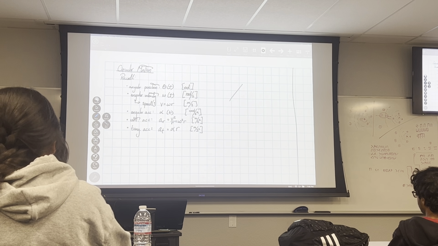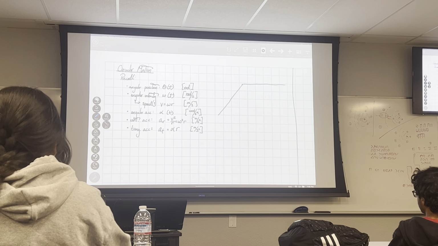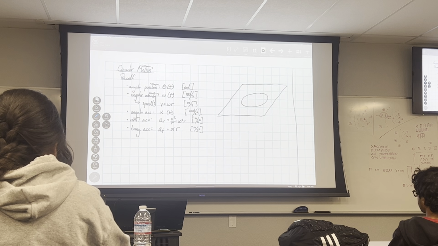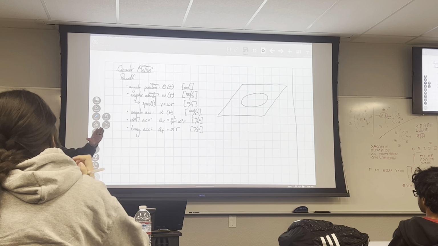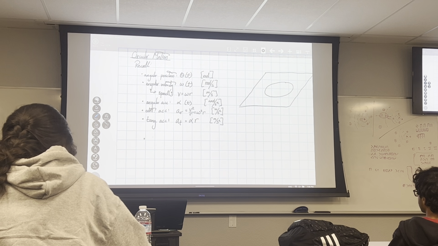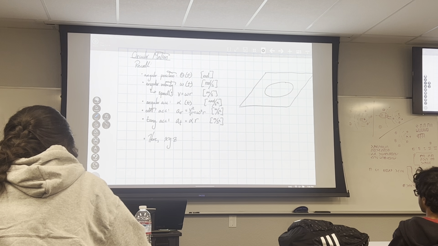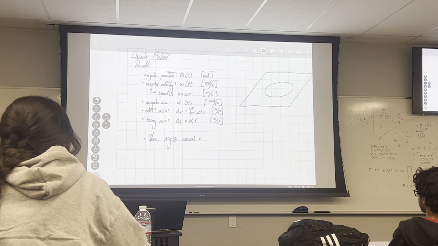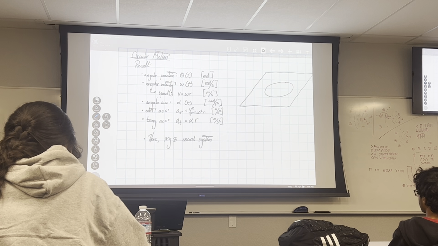In circular motion, we want to view it, let's say, on a plane. So it'll look something like this. So the circular motion occurs on a plane. Now here, the x, y, z coordinate system is not ideal.